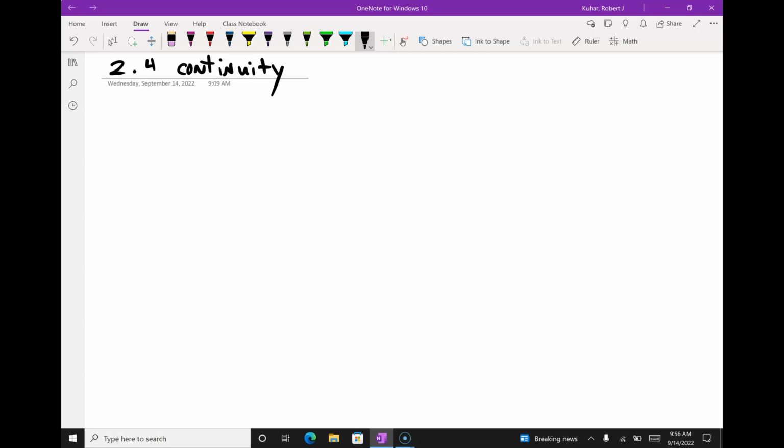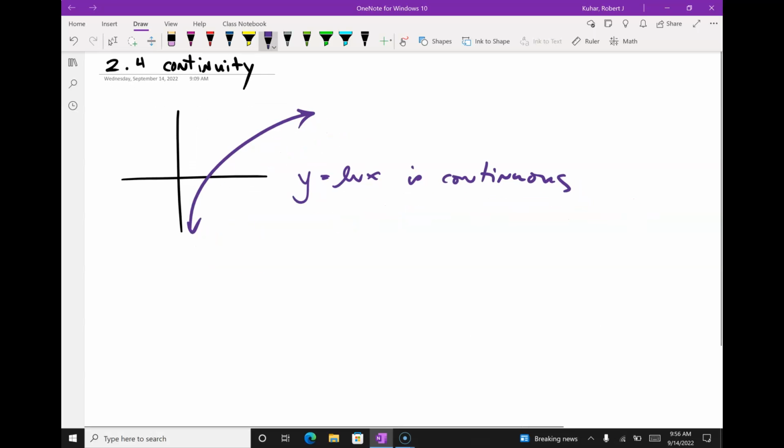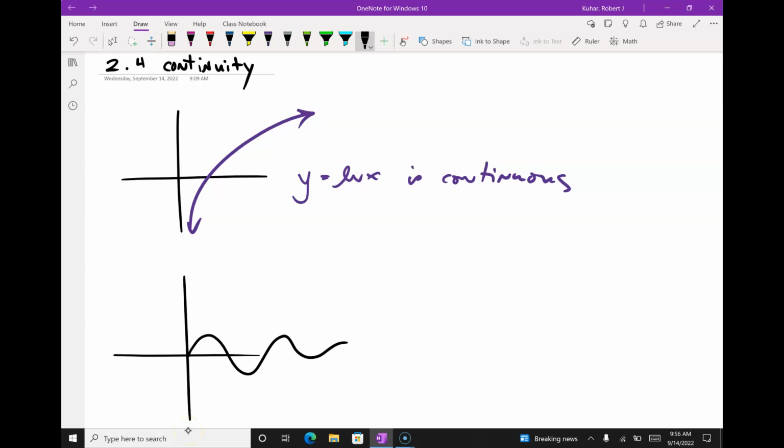Okay? So what does it mean to be continuous? So y equals ln of x is continuous. Y equals sine of x is continuous.